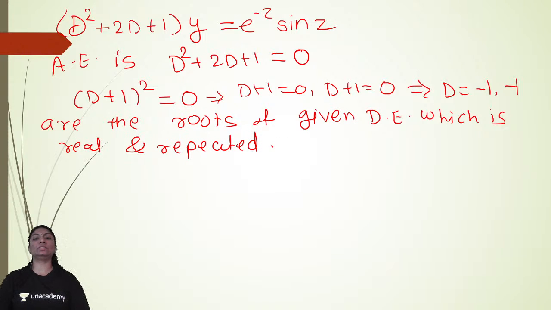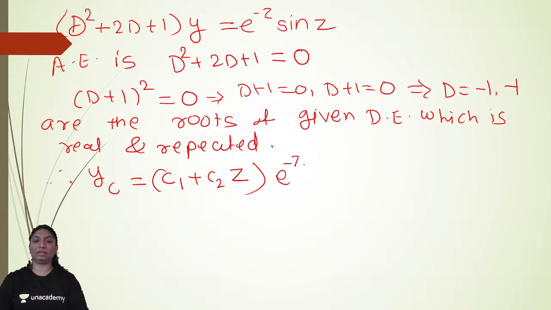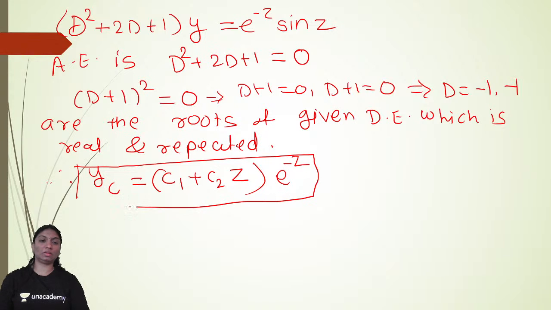As the roots are real and repeated, therefore yc is equal to c1 plus c2 z. Now your differential equation is in terms of z, so we will write c1 plus c2 z into e raised to minus z. Are you getting it? Now this is your yc, the complementary function.